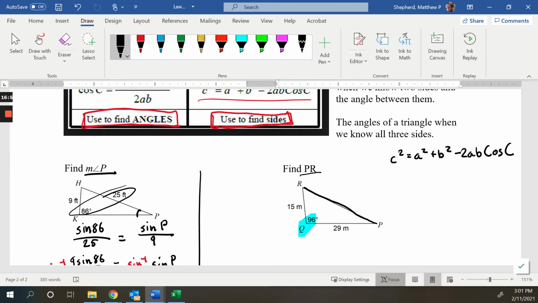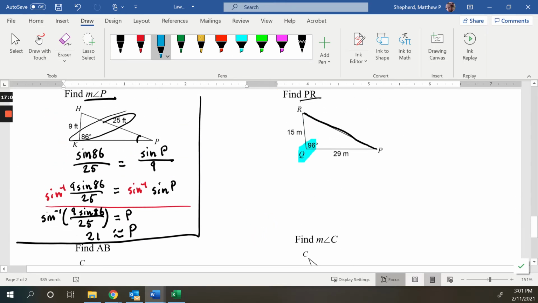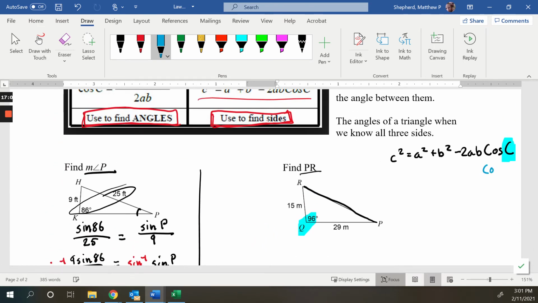So let's start getting those things in there. Let's first start with C. So we're going to have the cosine of 96. Next, A and B were the sides that made up C. So I've got 29 there. So that's going to be a 29 squared. And let's put 29.